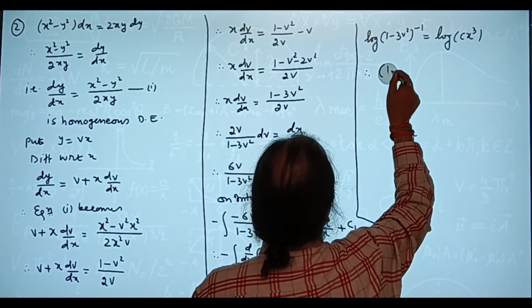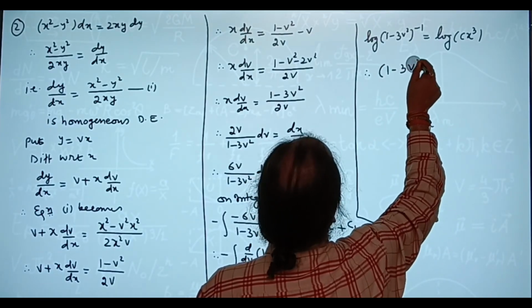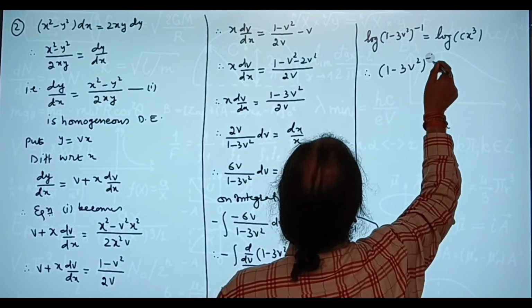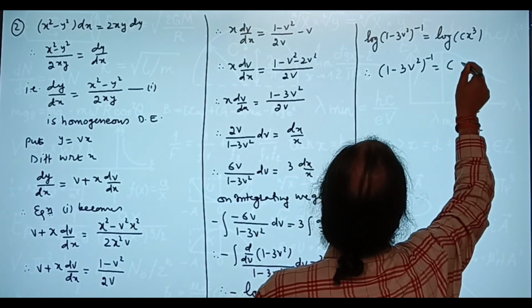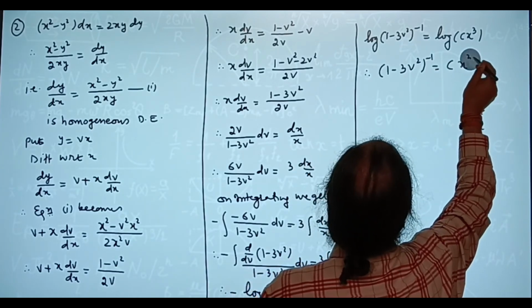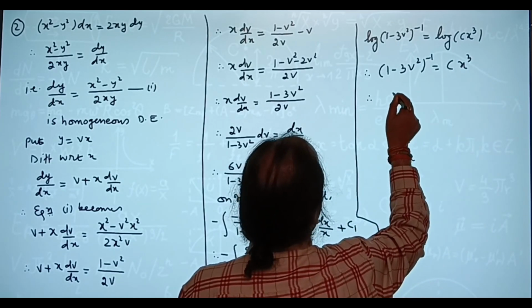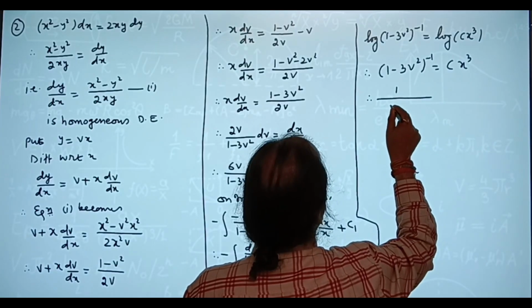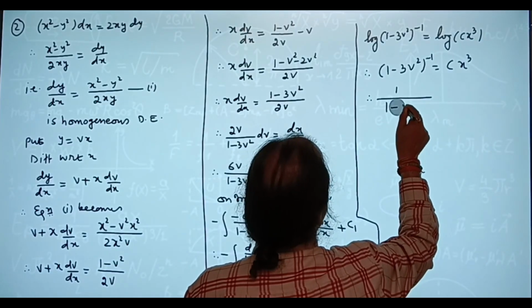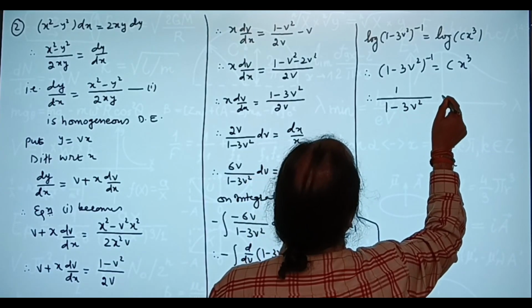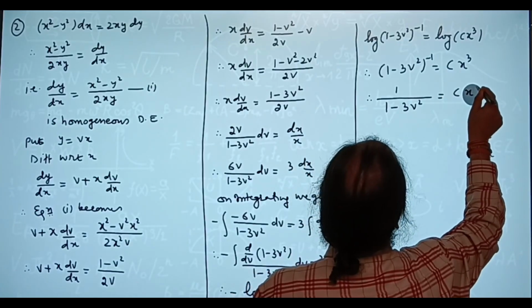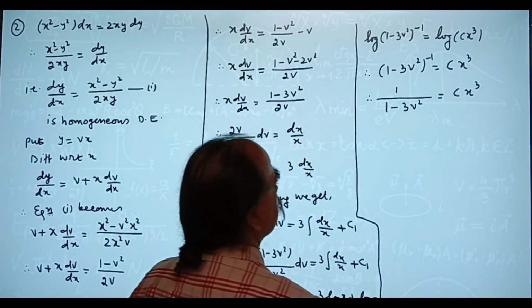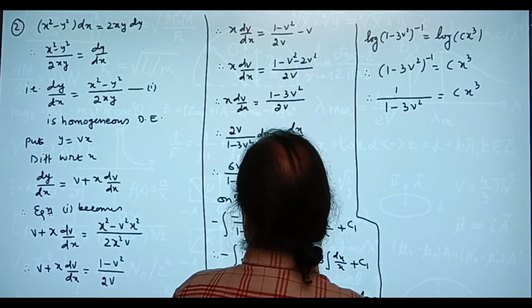Therefore, (1 minus 3v square) raised to minus 1 is equal to cx cube, that is, 1 upon 1 minus 3v square is equal to cx cube. V is what? y by x.